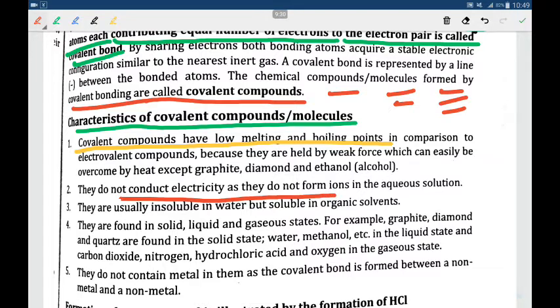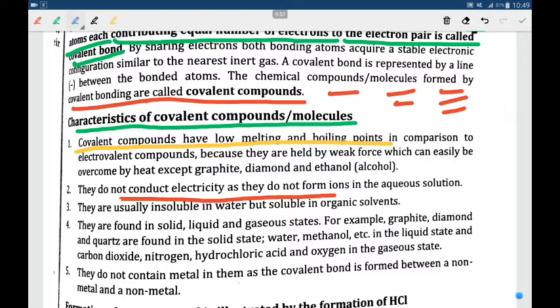Why do they not conduct electricity? Because they are not made up of ions, positively charged and negatively charged ions. But electrovalent compounds conduct electricity easily.